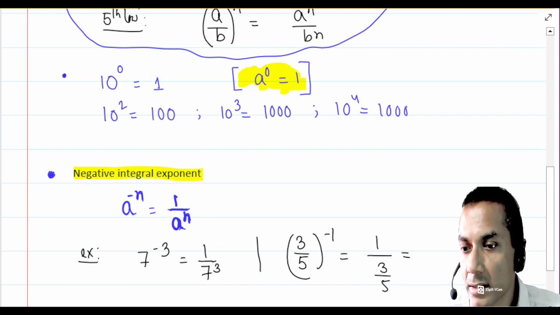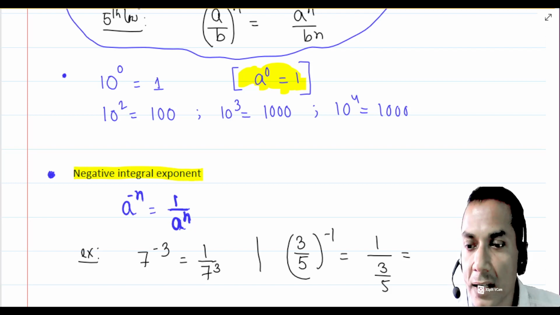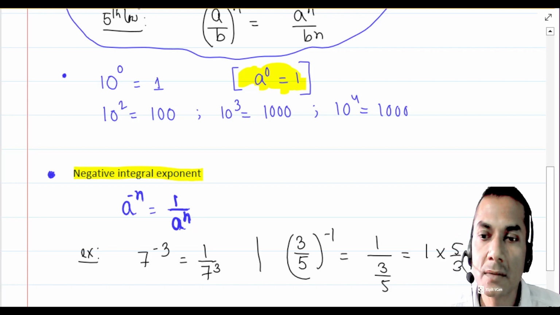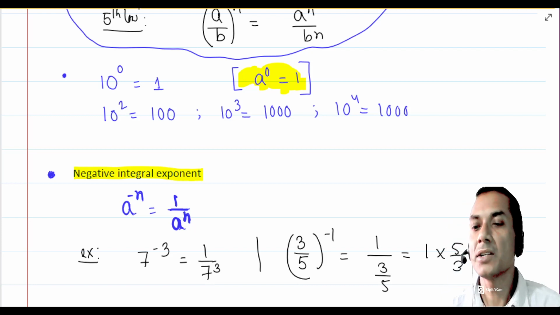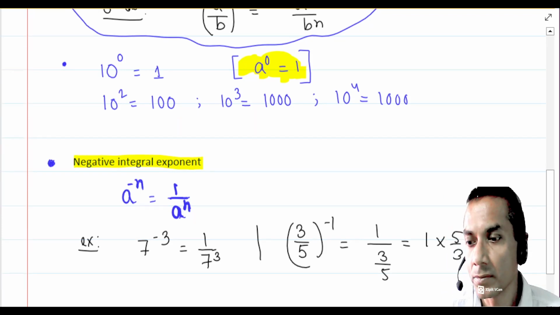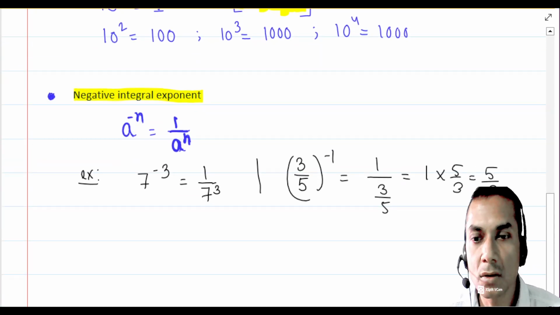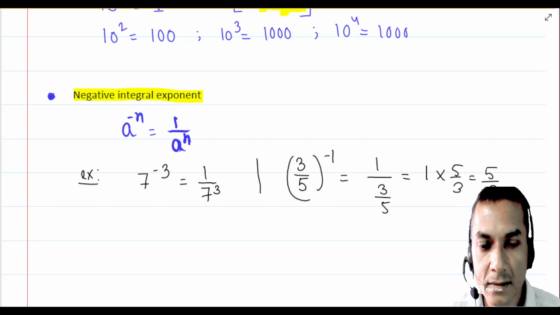And see, it is 1 divided by 3 by 5, which means when you multiply, as you already learned in the earlier lesson of the rational chapter, it will be 1 into 5 by 3, which is equal to 5 by 3. Clear? So 3 by 5 to the power minus 1 is the reciprocal of 3 by 5. Hope it is clear. So you should know this small concept very well before doing the exercise.